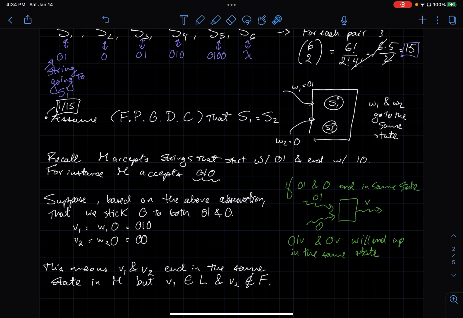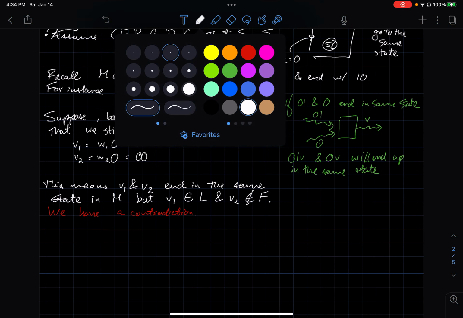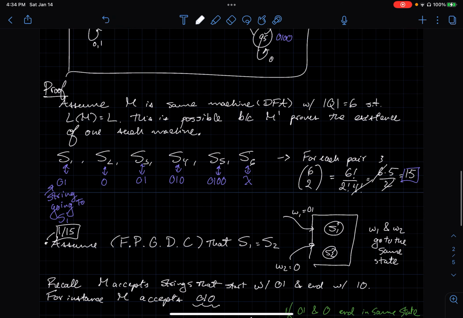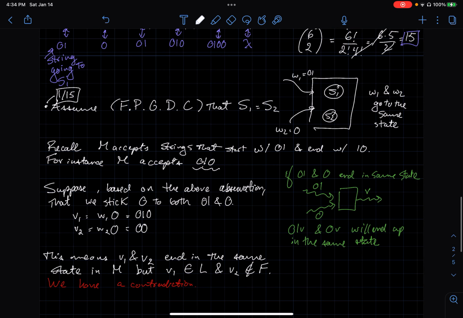So that's a contradiction. Okay? And we can repeat the same thing. So we can do another pair, let's say 0, 1, 0, 0, and lambda, right?